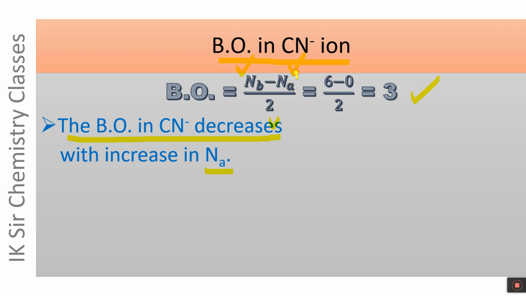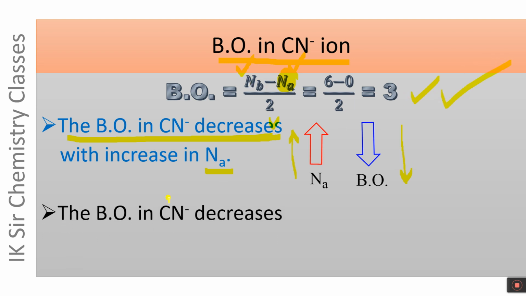As the number of electrons in the anti-bonding MO increases, the carbon-nitrogen bond order decreases, as evident from this expression.